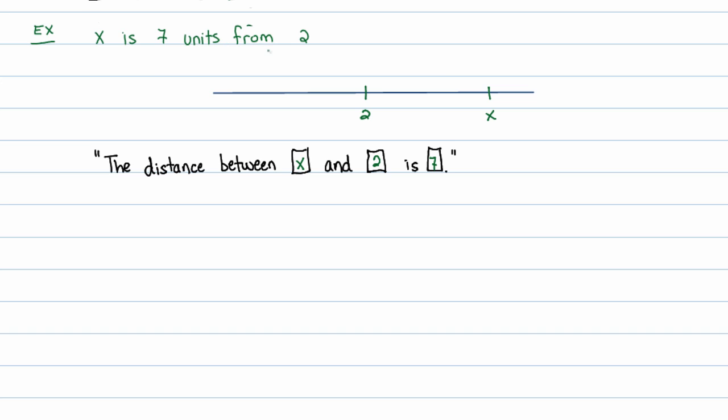That's the distance away from 2 that x is. Written as an absolute value, the distance between x and 2 is just the absolute value of x minus 2, equals 7. That's an absolute value equation for this English sentence.